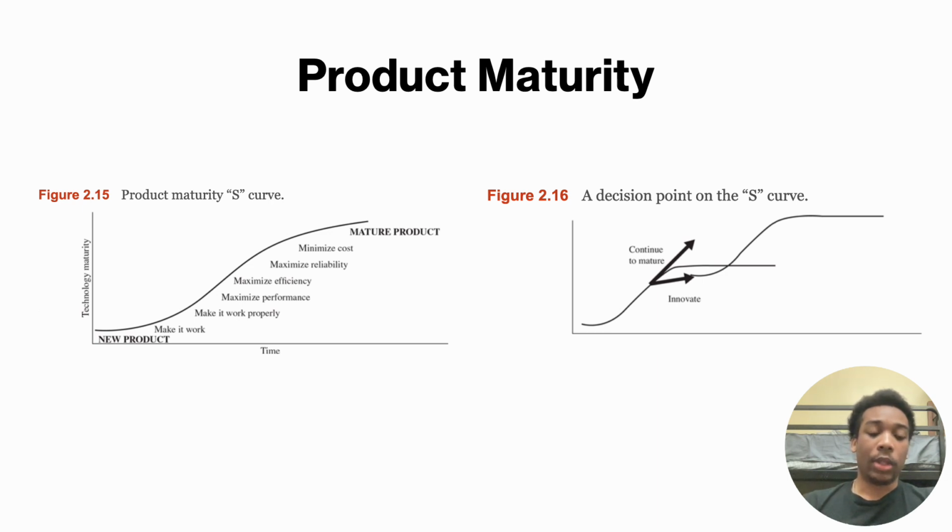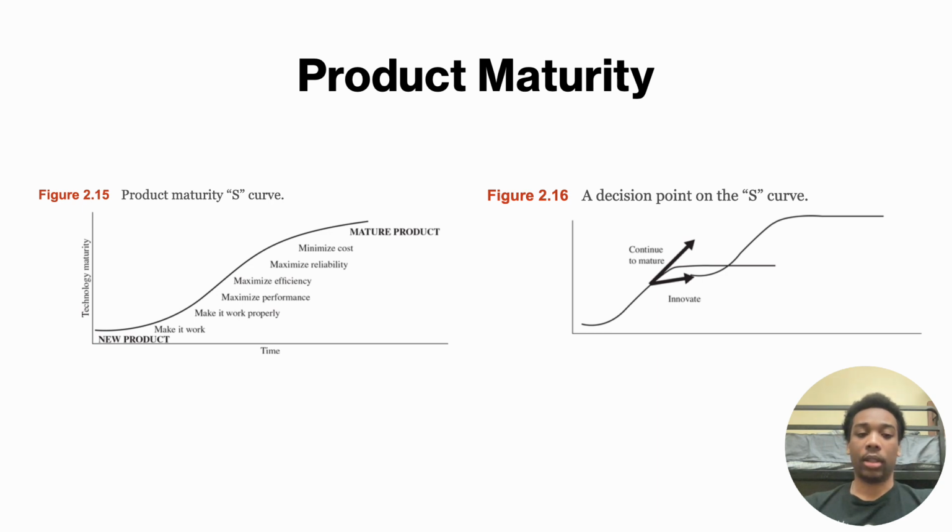So when you start a product, initially the first thing you want to do is make the product work, and then slowly you refine it, you increase performance, increase efficiency, reliability, minimize costs, right? But this takes time, right? This is over time.